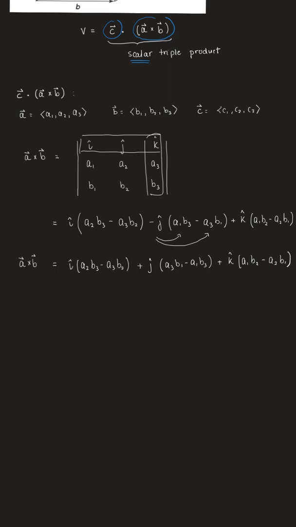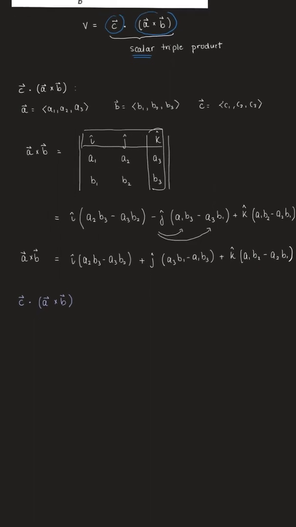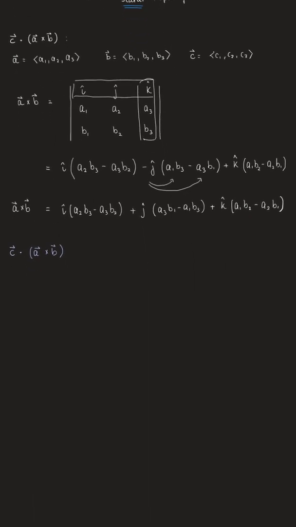Now, let's think back at what we were trying to do. We were trying to find C dotted with this cross product of A cross B. Now remember what we do when we find a dot product: we multiply corresponding components and add.